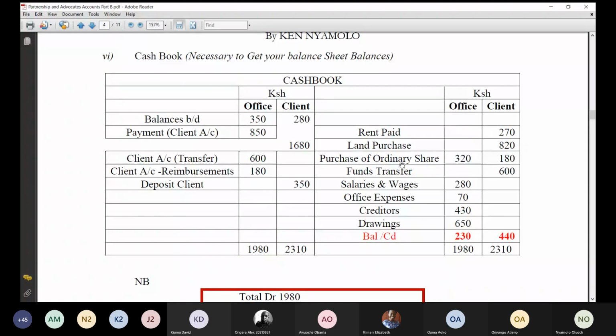And for recording the transactions, I would request that somebody reads for us the additional notes one by one. I will be showing you how it is posted as I project this. And Kiama, if you have the question, may I request that you read for us the first additional note as I explain.